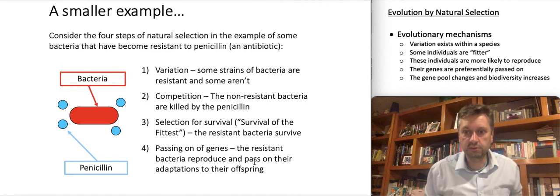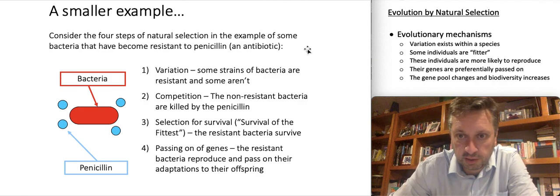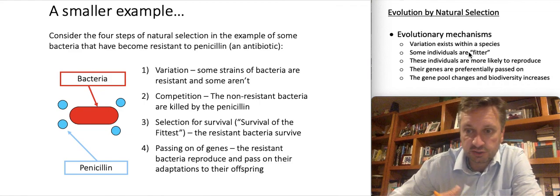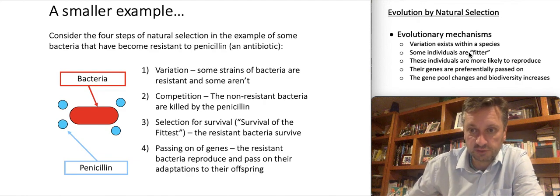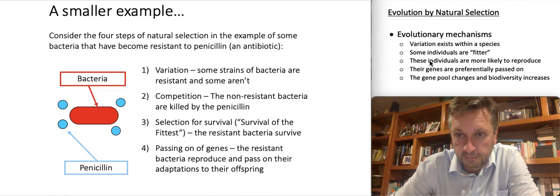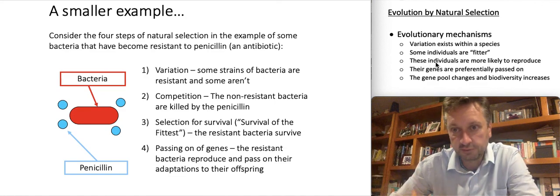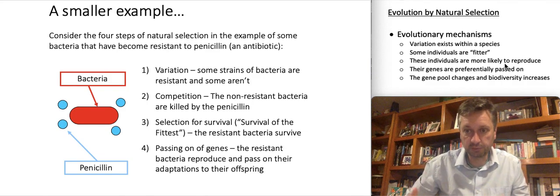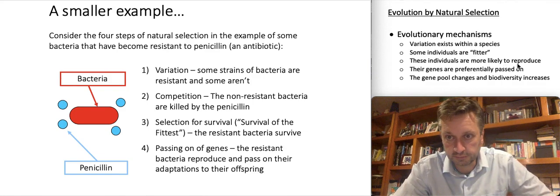Okay, all right, so just before I finish this, let me go back over these 5 points above my head, because these are the main takeaway points. Number 1, variation exists within individuals of the same species. Some individuals are fitter than others, meaning some individuals are better adapted for survival in their environment. Those individuals that are fitter, in inverted commas, are more likely to survive to reproductive age and therefore reproduce.